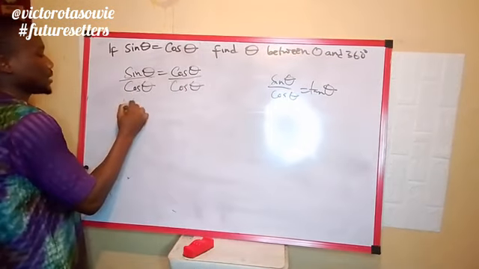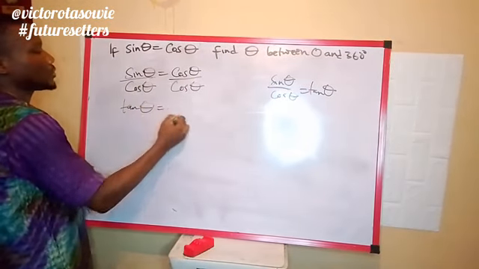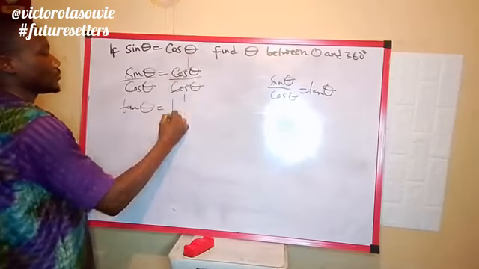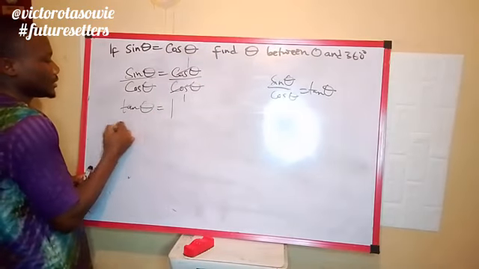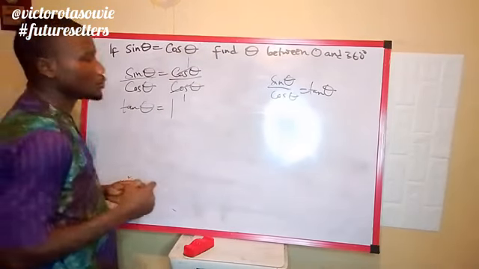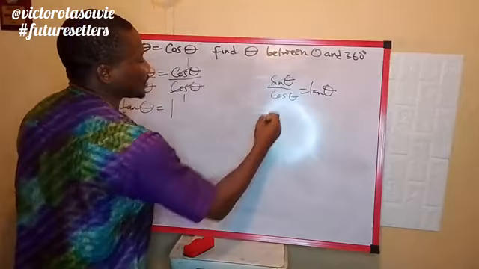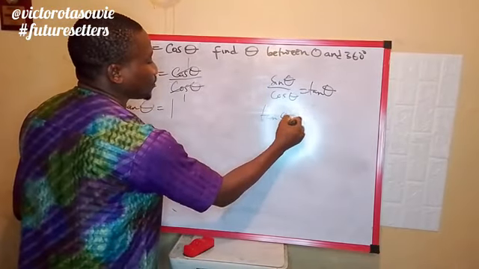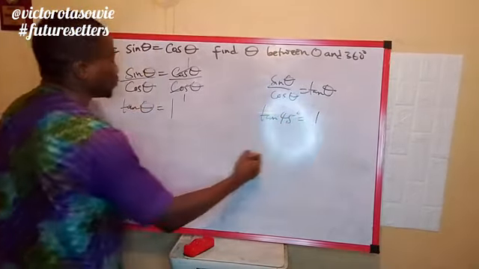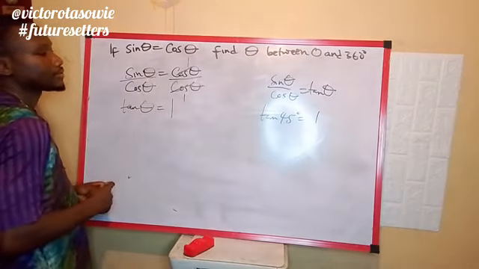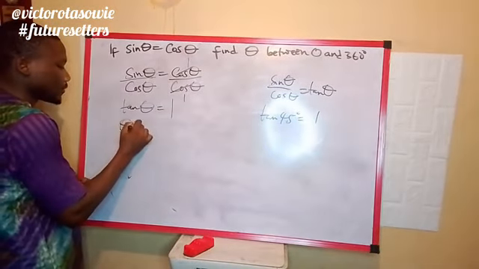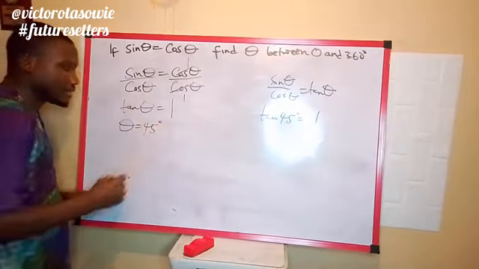So sine theta over cos theta is tan theta. What's cos theta over cos theta? 1. So if we have this, then you go back in time to check what we got for tan 45 degrees, which we got on that special angle, gave us 1. So it therefore implies that theta equals 45 degrees.